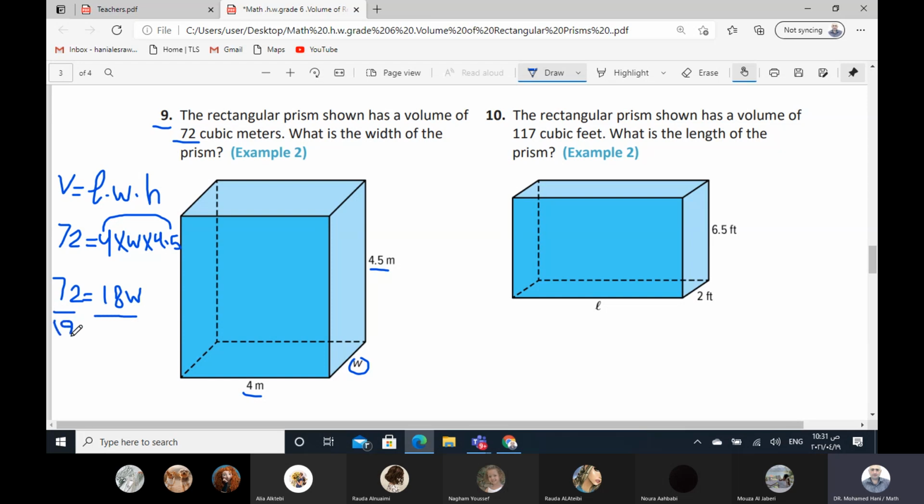Divide here by 18 and divide here by 18. 18 divided by 18 will be 1W, which means W equals 72 divided by 18, which will be 4. So the width will be 4. Who can tell me what is the unit here?